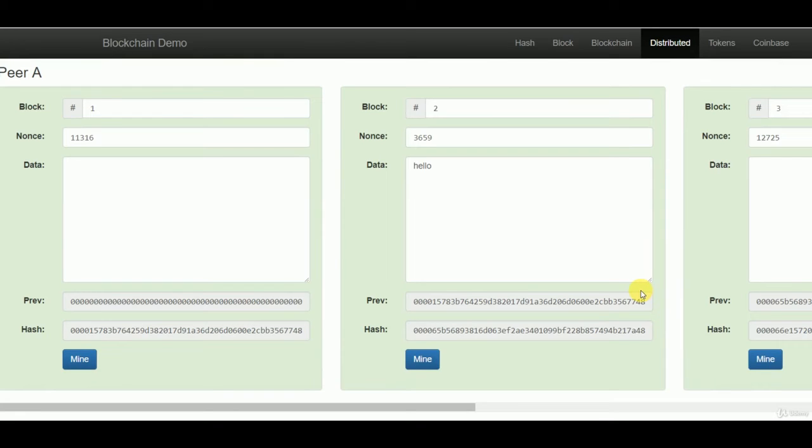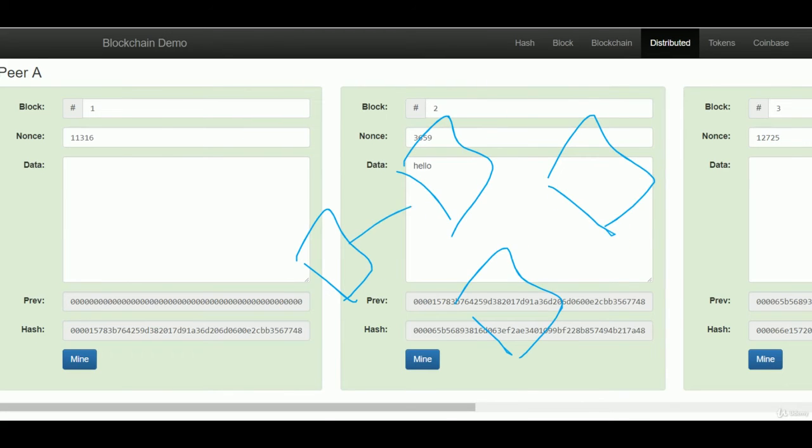Since both have different data, it means something has changed in either A or B. So we will compare the blockchain with all the peers, and then we will get to know which block is altered.